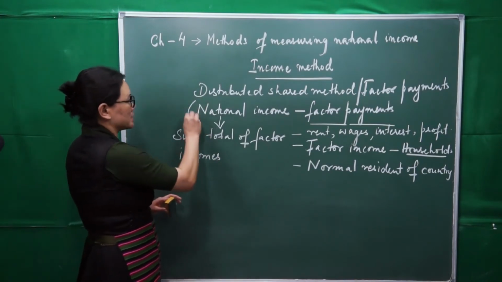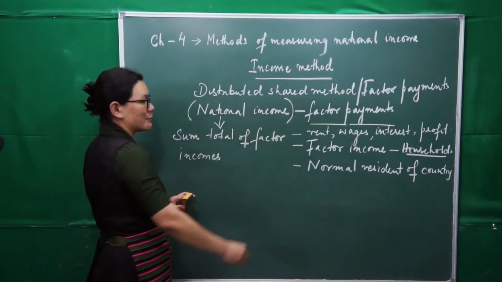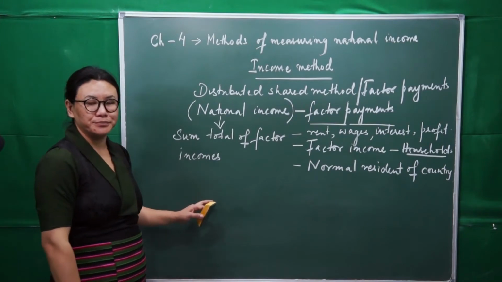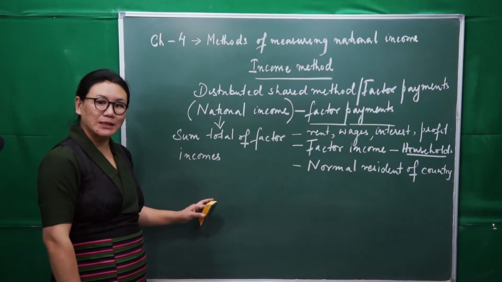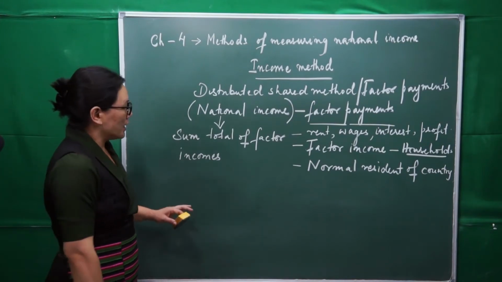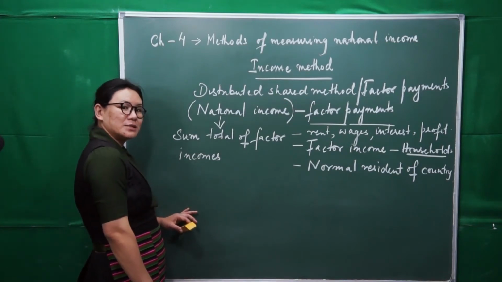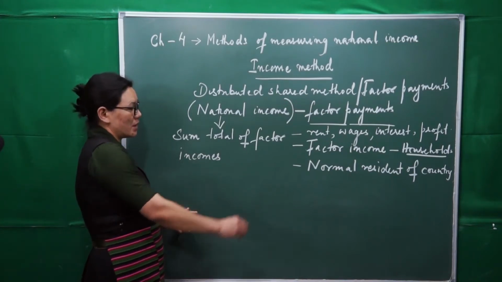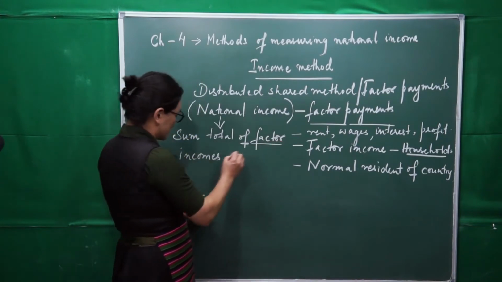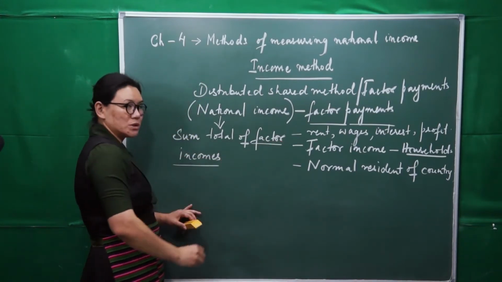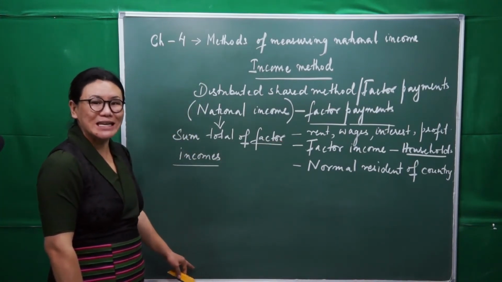That is called national income. Is that clear? Okay. Now, what we have to see in this income method is again the total factor incomes.